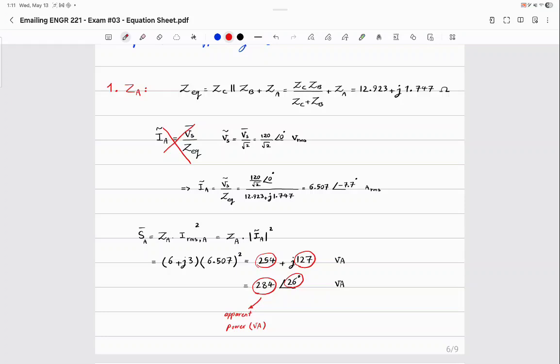Which is called average power. And the units is in watts.